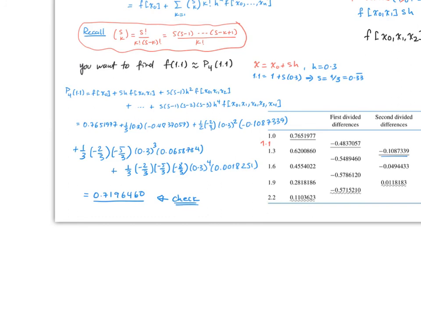Now, the reason why we went forward is because we're trying to approximate 1.1, and 1.1 is here, so we're going to start with the 1.1 early and go forward. Now, if we want to approximate a value here, then we're going to go backwards, okay? And that's going to be called a backward difference.